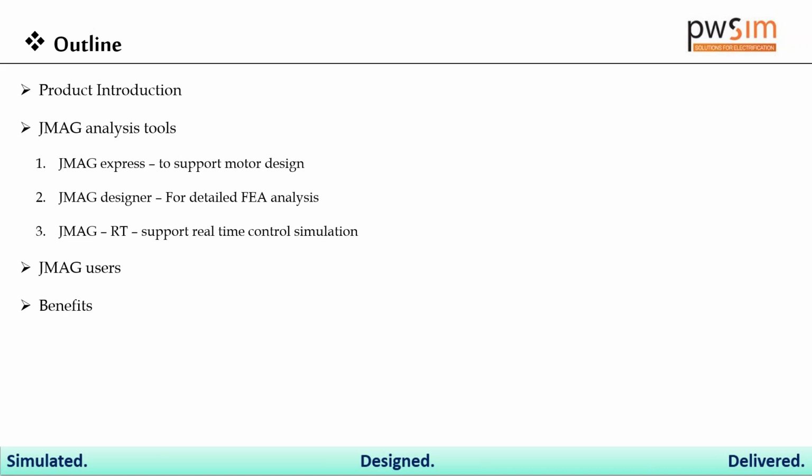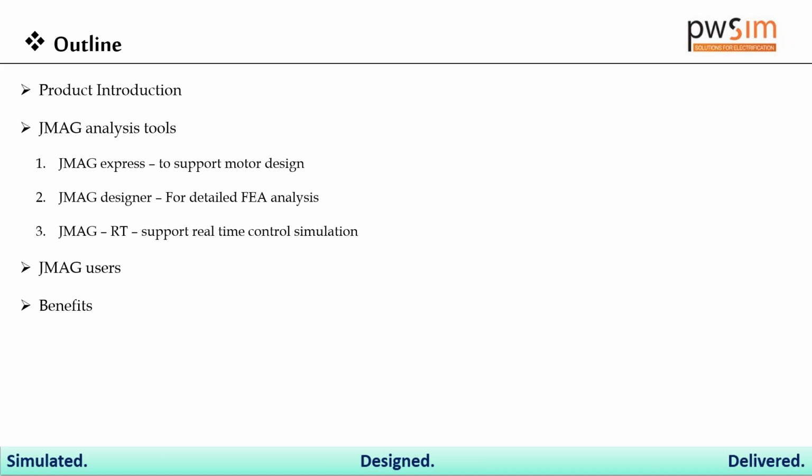It is based upon the analytical lumped circuit parameters, as well as a number of fine meshes that will be generated automatically in Express. Now coming to JMAG Designer, it will give you a detailed FEA analysis. Once you have a model ready in Express, it will be an approximate model, around 80 to 90 or 90 to 95% accurate based on your design.